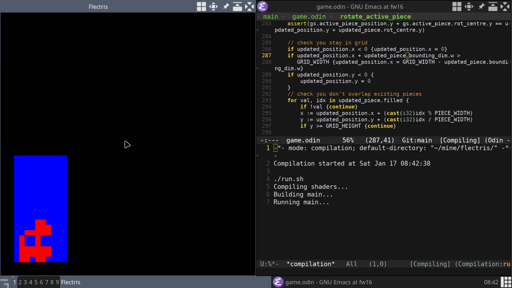Now let's look, if I do the same thing here, we just don't allow the rotation. Also a rotation that would be naughty than that. That does feel pretty rough, right?